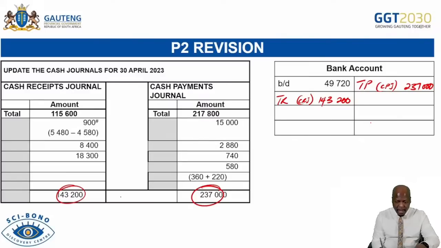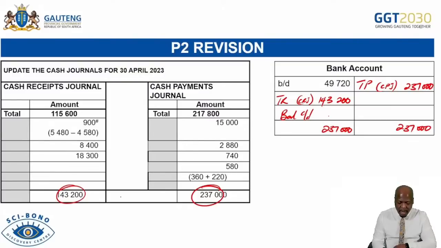Okay. The side with the highest amount. So if we're to look for the side with the highest amount, that would be your 237. So I'm going to come here. It's your 237 here. And then here it's going to be 237. And then here you're going to get your balance carry down.